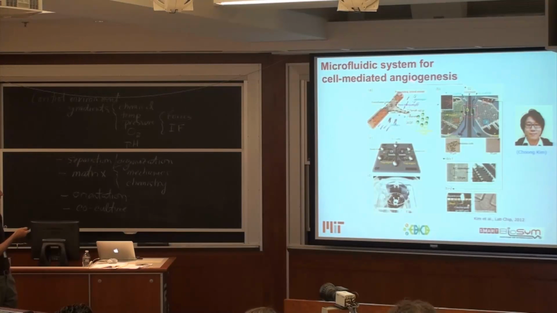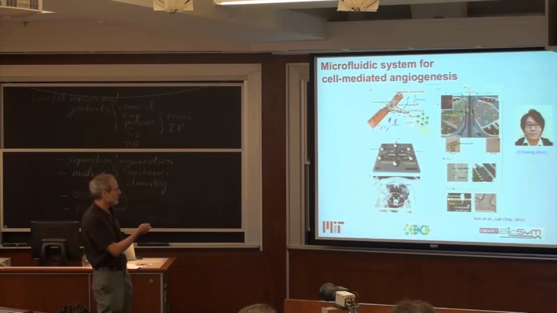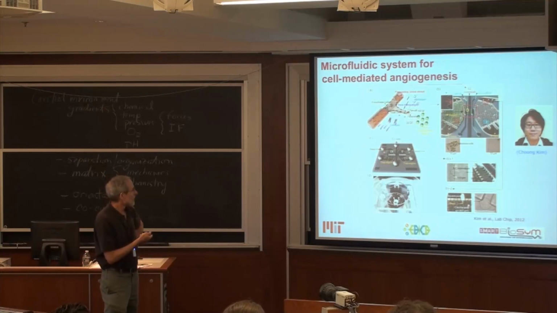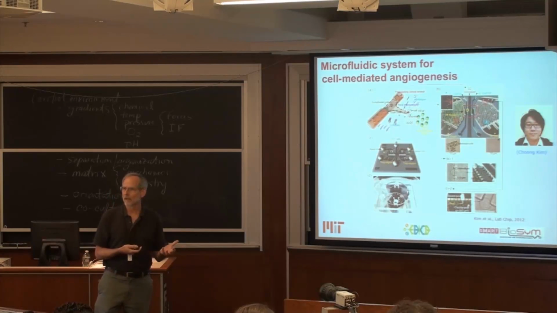What he's trying to do, again, is reproduce this situation where we have growth factors being secreted by cells, or in this case, by cells that are encapsulated in beads that could be implanted into the body or used in a microfluidic device like this, releasing things like VEGF that would then induce a vascular network to grow from existing vessels.